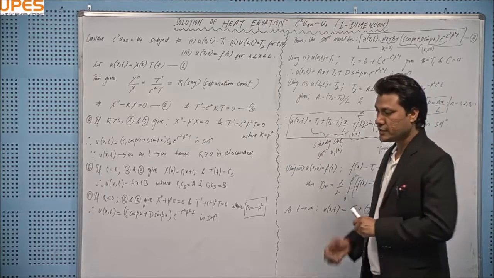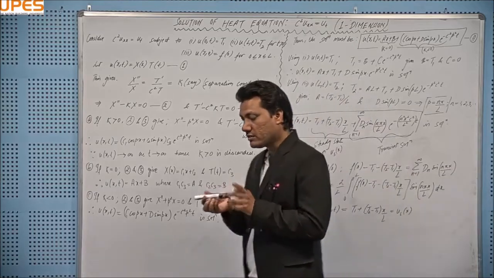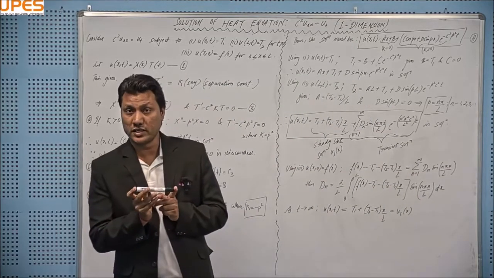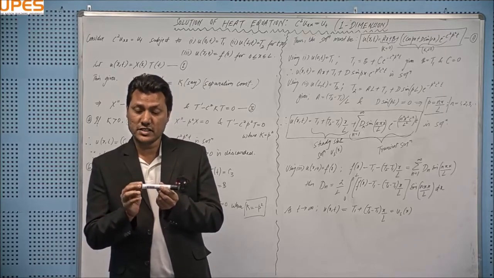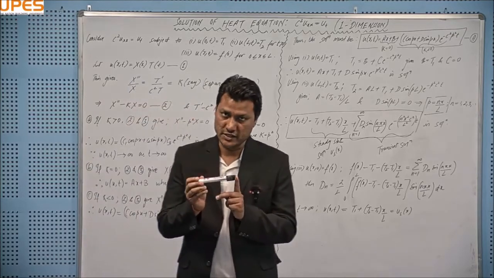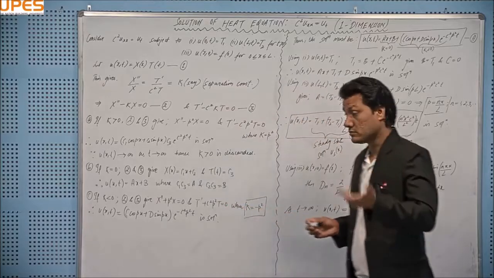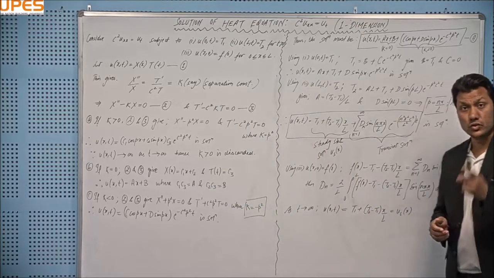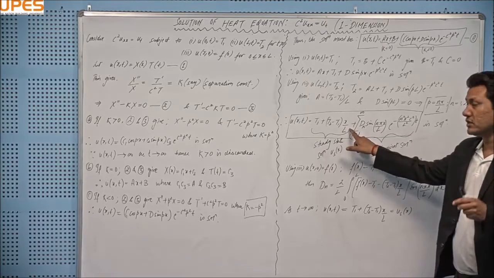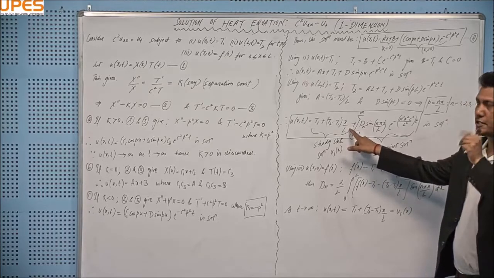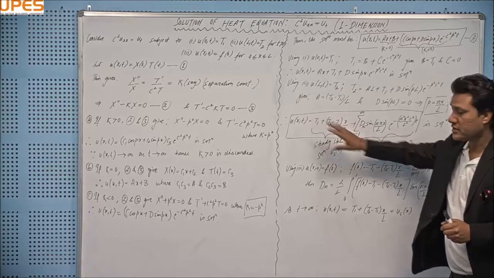And for the second case, when the ends are insulated, means del u over del x at this end is 0, del u over del x at the other end is 0. If you apply those two boundary conditions here, then you will eventually get that solution, and this was absent obviously.